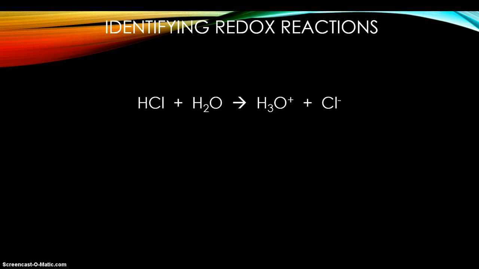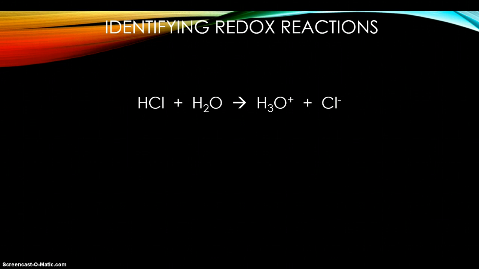All right, I'm going to give you a sample reaction here. And if you notice up top there, this says identifying redox reactions. So we've talked about redox reactions here, and we've said that they're reactions in which electrons move. Okay, how do we identify that?